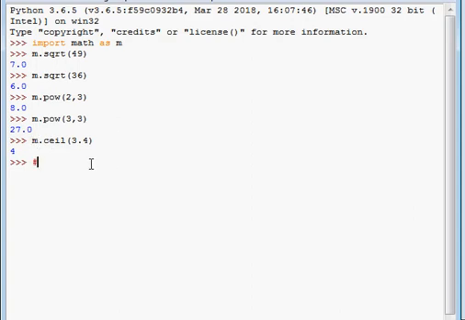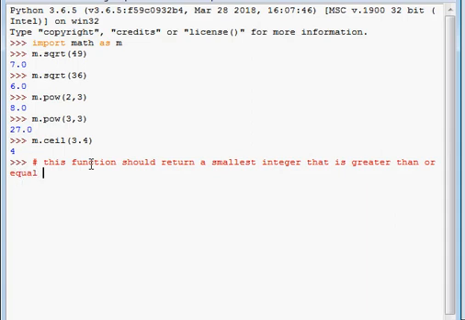Means this function should return the smallest integer that is greater than or equal to the given value. The value that we have given in the brackets of the ceil function, what answer should the ceil function give? Either the smallest integer greater than it or else equal to it. So the smallest integer greater than 3.4 is 4, completely 4, so it is giving 4 here.